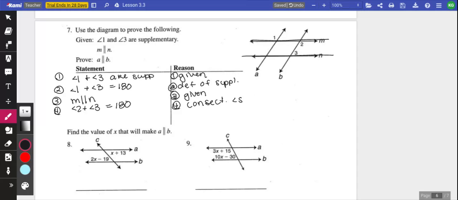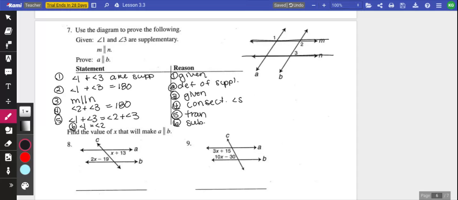Now that both angle 1 plus angle 3 and angle 2 plus angle 3 equal 180, I can set them equal to each other. Angle 1 plus angle 3 equals angle 2 plus angle 3 because of transitive. Then by subtraction, I can subtract out the 3's. So angle 1 is equal to angle 2 because of subtraction.